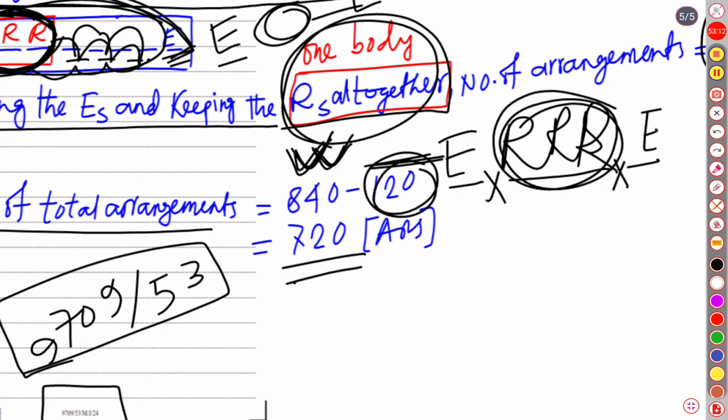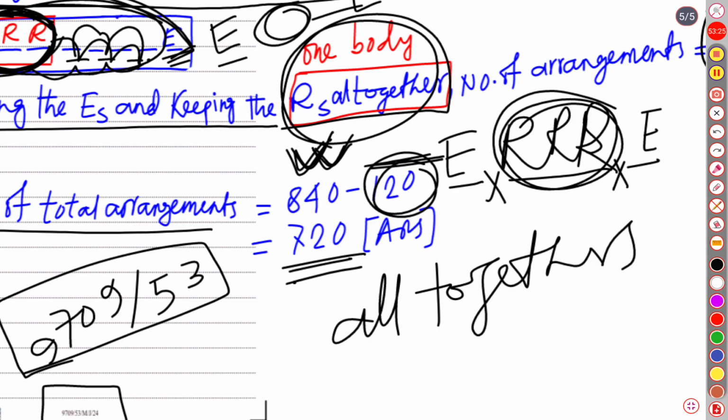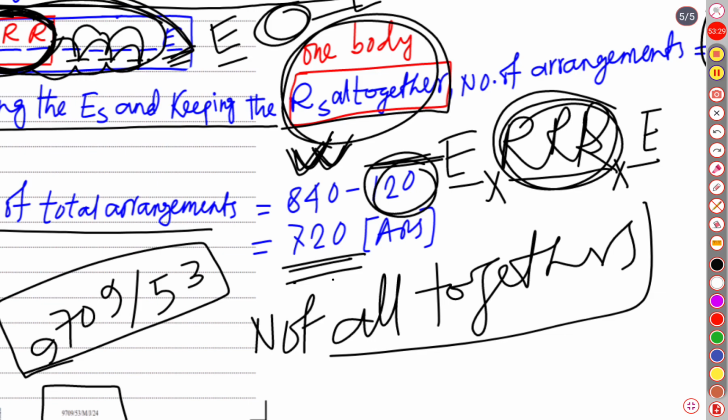So what have we learned here? It's a very exceptional idea or concept, that whenever the phrase all together is mentioned with a not, then first we will find the all together case.